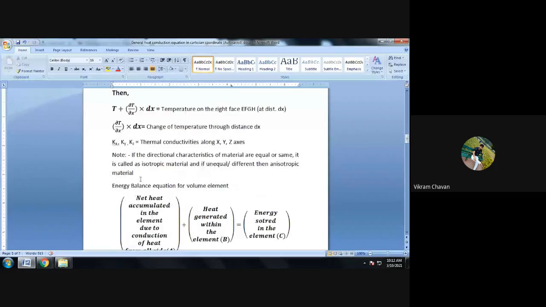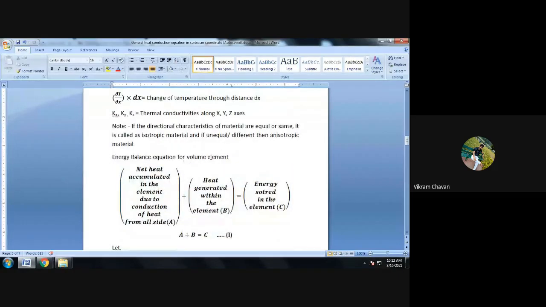So the energy balance equation for a volume element, or parallelepiped volume element. The first part is the net heat accumulated in the element due to conduction of heat from all sides. Net means what? How much heat is entered from all directions minus how much heat is leaving from the opposite direction. That is nothing but net heat accumulated.